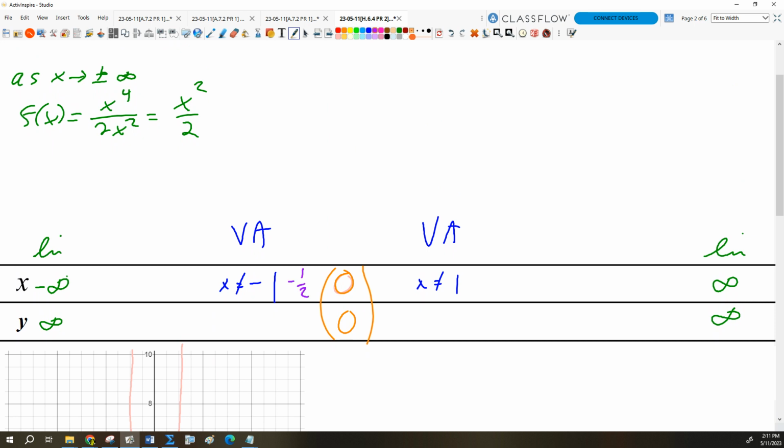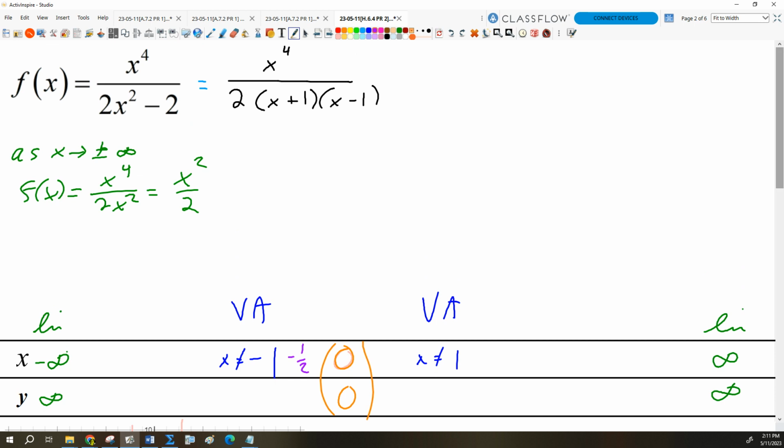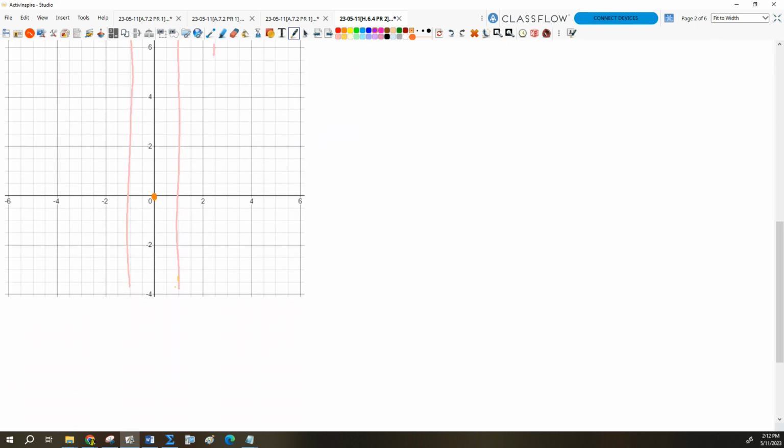If I plug -1/2 into my function, and it's already simplified, I can't cancel anything. I don't need to know the value, I just need to know a sign. Is it going to be above or below? Because it can only cross the x-axis in one place. So if it's above, then it means it's sticking to that asymptote. If it's below, it means it's sticking to that asymptote. So we just need a sign.